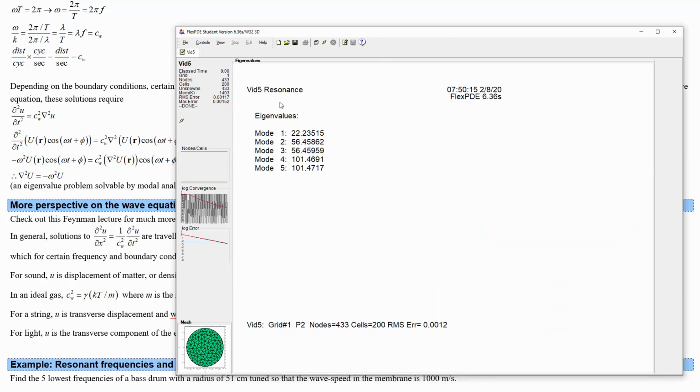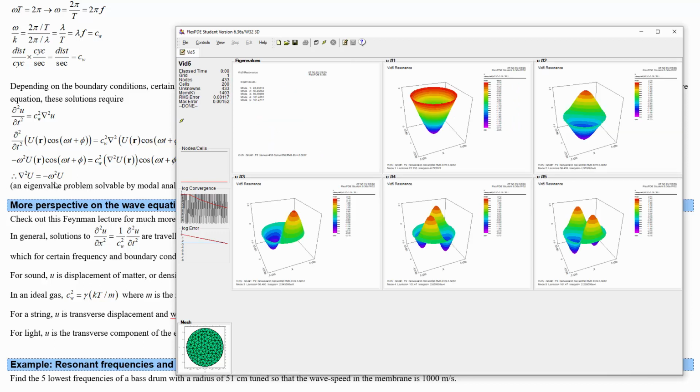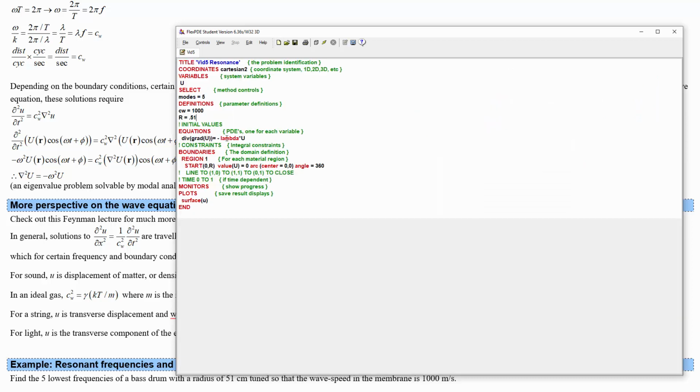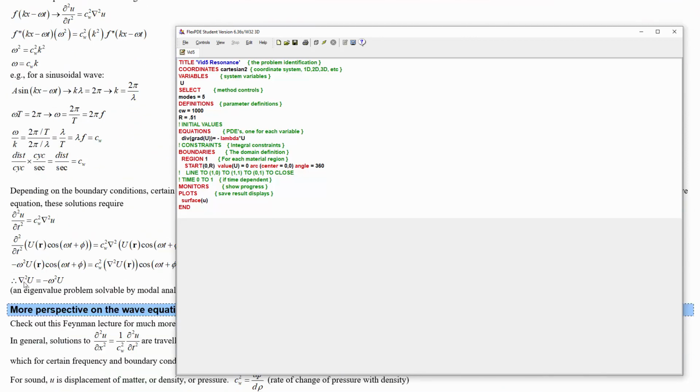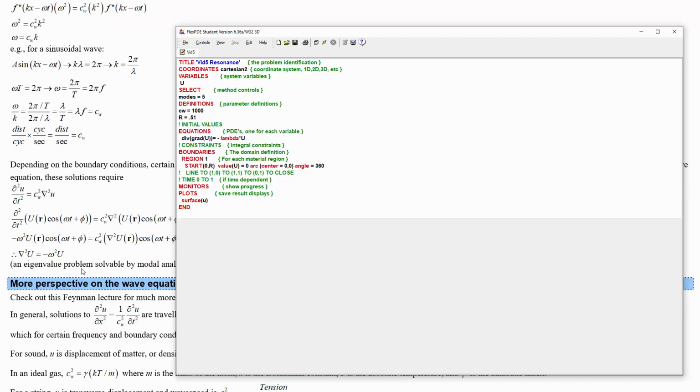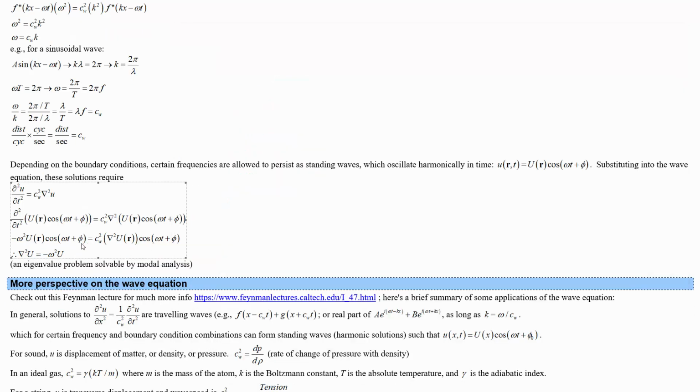Now, what are the actual frequencies of this? Well, these are the lambdas, and lambda is supposed to equal omega squared, so we can figure out what F has to be by substituting into there. Now we didn't quite finish the differential equation, I just realized. Wait a minute here. Oh, there's a typo.